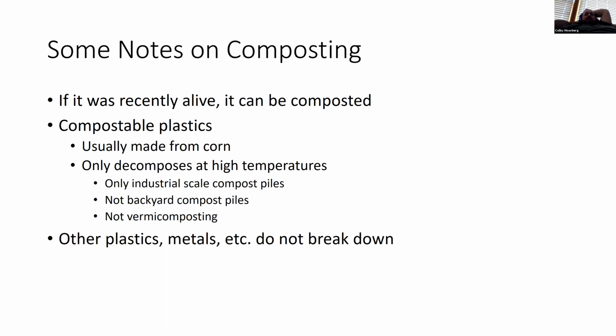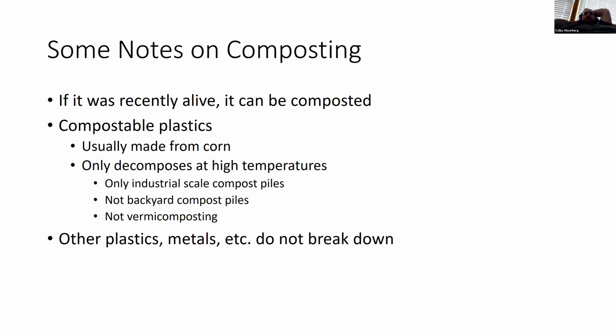There are compostable plastics, and they're usually made from corn. You might have seen these in a store somewhere, really thin, kind of green plastic trash can liners, basically. The thing I want to note about these is that they can only be broken down at high temperatures. We need temperatures that are hot enough at the center of these large thermophilic composting windrows that the plastic actually breaks down and melts.